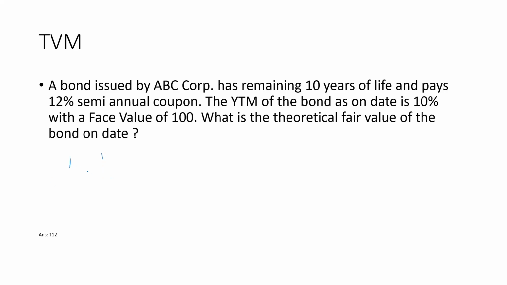Okay, so let's again map the cash flows. Of course, I'm not going to write the entire 20 cash flows. I'm going to write just a few years, and the rest you can understand. When I say T is equal to 0, we're talking about the 0th period, but when I say T is equal to 10, we are talking about the end of the 10th year. Do not forget what I'm saying.